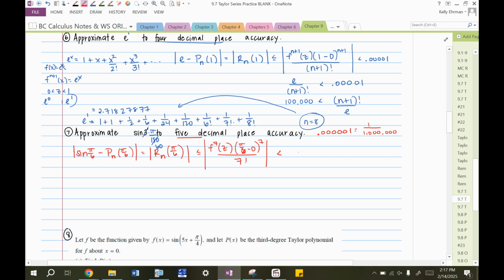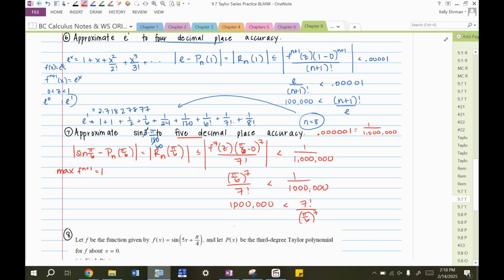We want to keep that under 1/1,000,000. Because we're looking at a sine function, the max value is 1. So we really just have pi over 6 to the 7th over 7 factorial is less than this fraction. I'm going to flip it around: 1,000,000 needs to be less than 7 factorial over pi over 6 to the 7th.